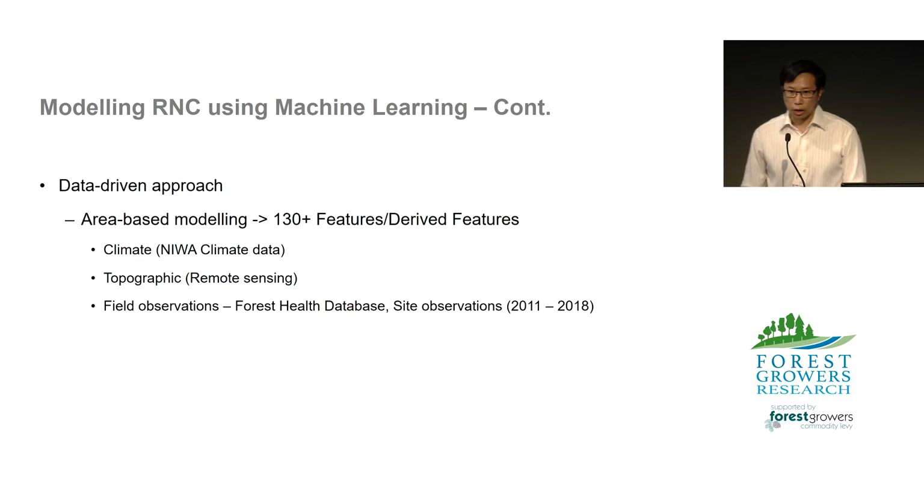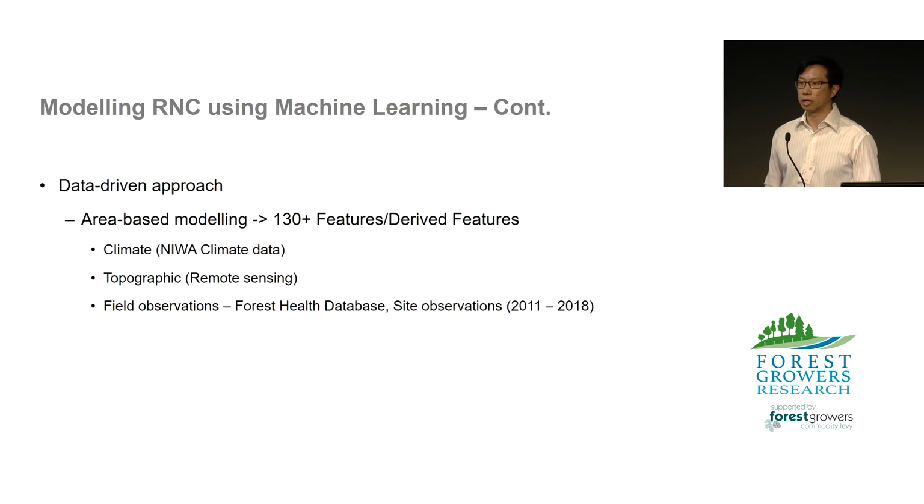So to do that, we looked at extracting climate data from the NIWA climate station. We also use topographic information such as elevation and slope derived from remote sensing. And we also use RNC field observation data that we extract from the forest health database and site observation.